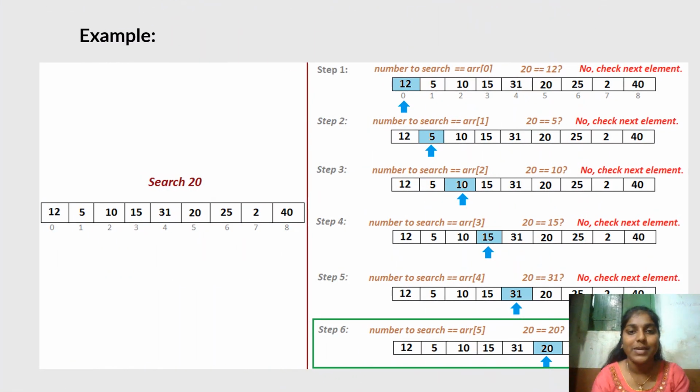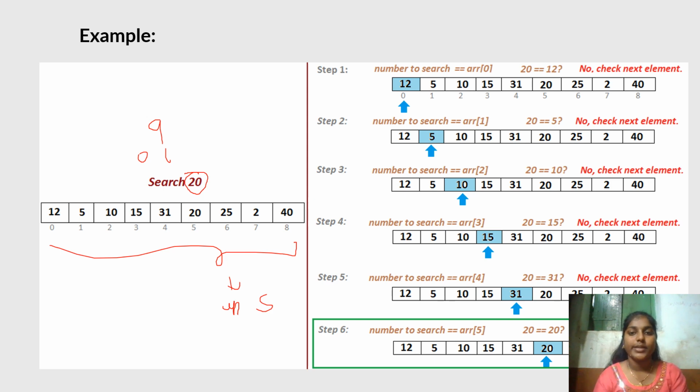So here is a basic example of linear search. We have an array with a size of 9 and index values 0 to 8. Here we need to find the element 20, and you can see the array is unsorted.